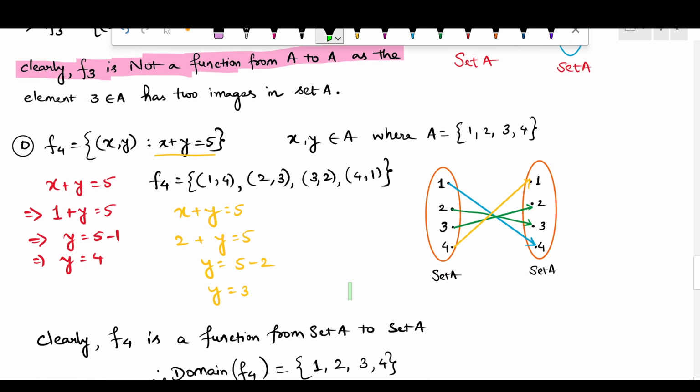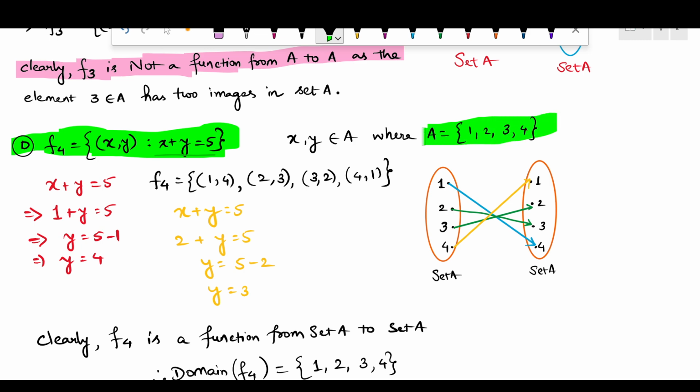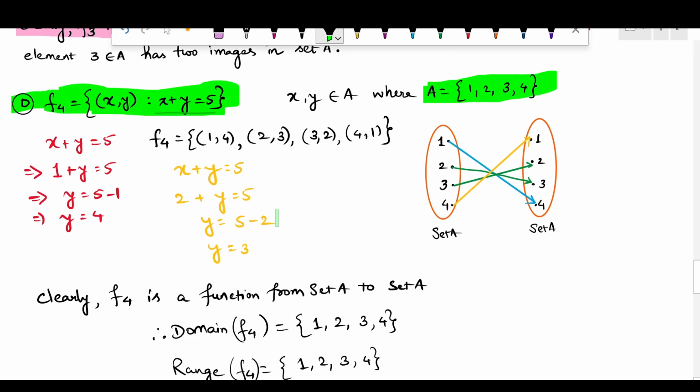Next, f4. For f4 we check again this condition. Here this is our set A, right?